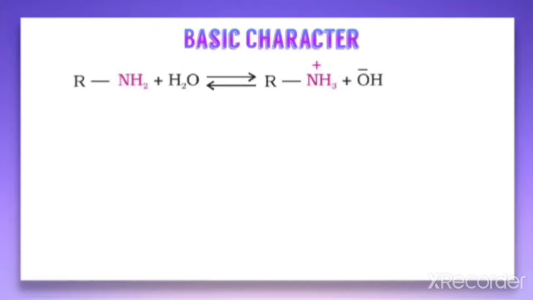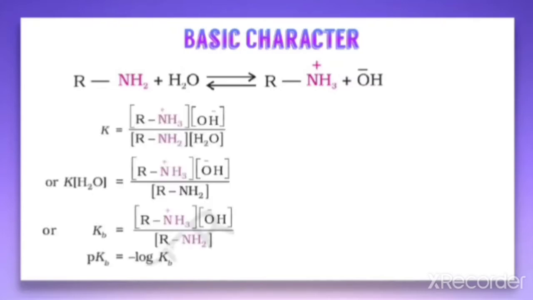So what will be the equilibrium constant? That is the concentration of products by the concentration of reactants, which we learned last year. So here K is the equilibrium constant, that is the concentration of RNH3+ into the concentration of OH- divided by the concentration of RNH2 into the concentration of H2O.